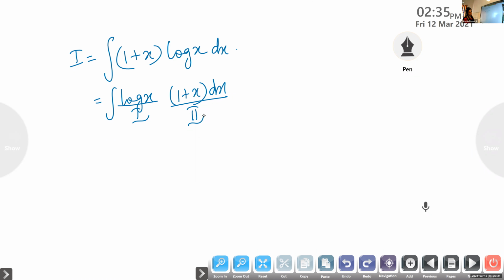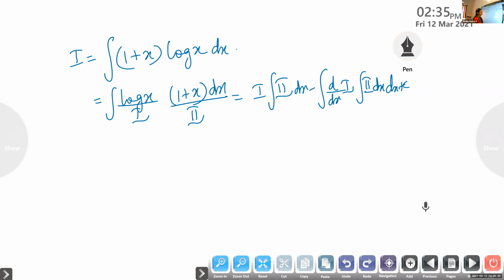Now use the rule. What is the rule? First function into integral of second function minus integral of derivative of first function, integral of second function into dx plus c.